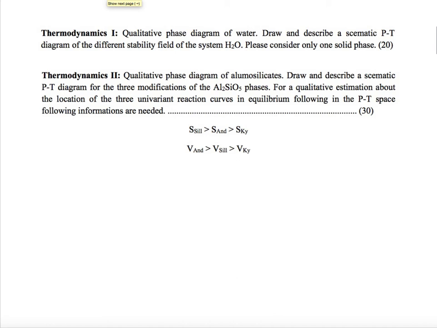For a qualitative estimation of the location of the 3 univariant reaction curves in equilibrium in PT space, we need the following information. Sillimanite has the highest entropy, andalusite has a medium entropy, and kyanite has the lowest entropy.